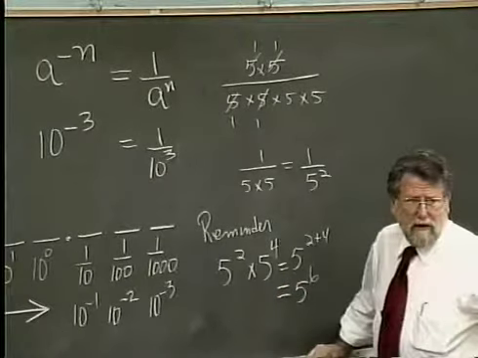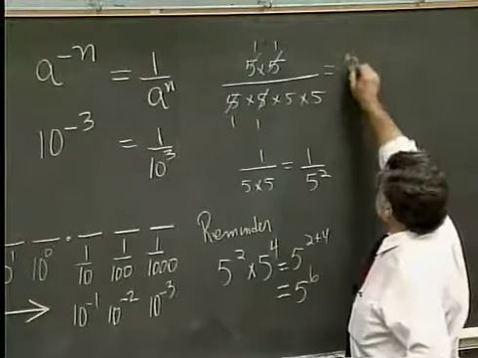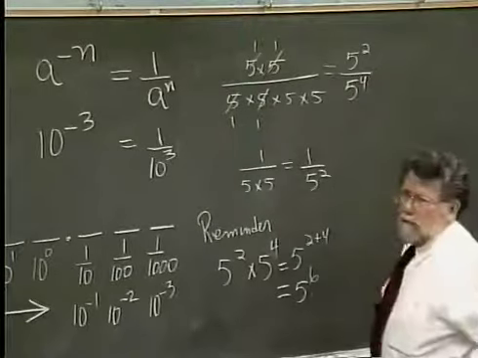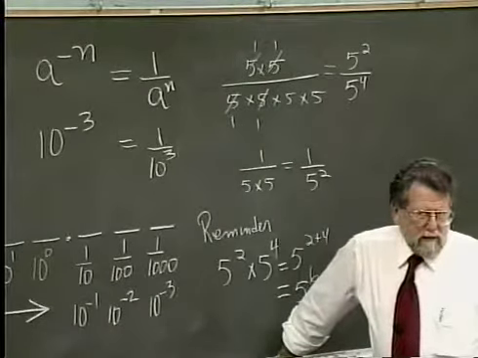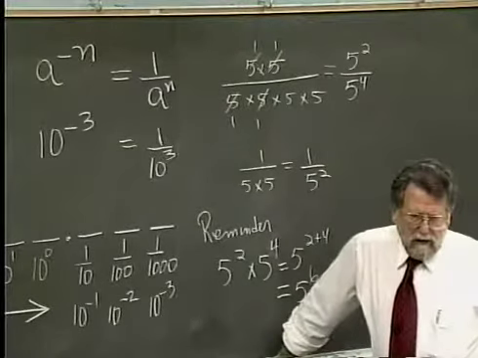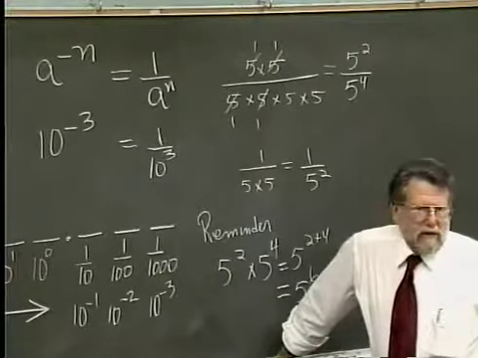Agreed? Now the question. This is like 5 to the second over 5 to the fourth. Instead of multiplying, I'm doing what? Dividing.